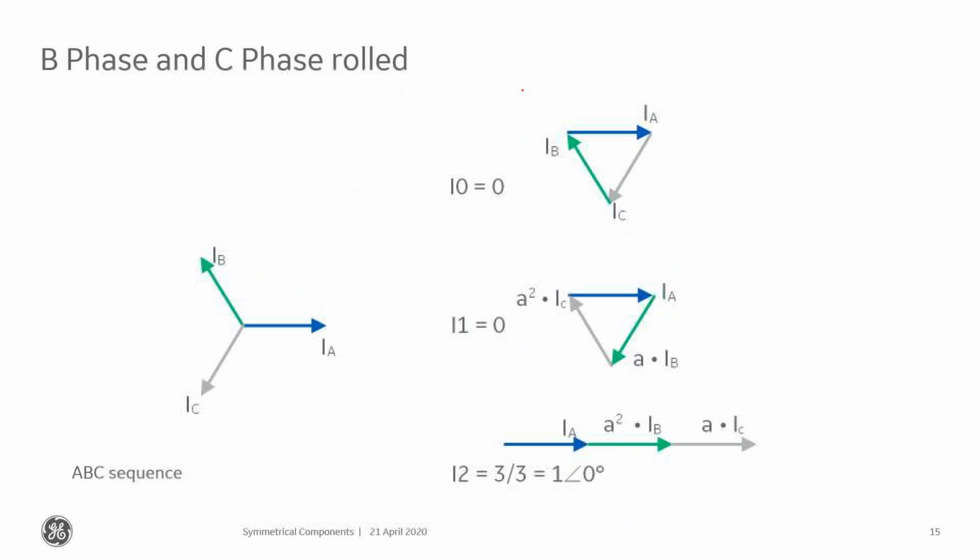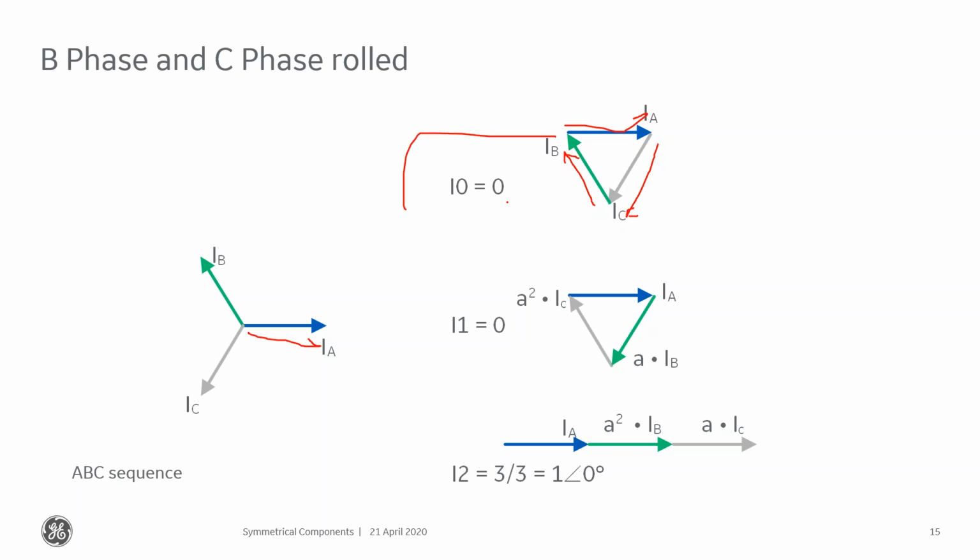Another wiring error that you could have is if you have B and C phase rolled, right? So if I've got B and C phase rolled, I calculate my quantities. Look what I've got here. I've got A phase sitting right here. Then C phase, and then B phase there.